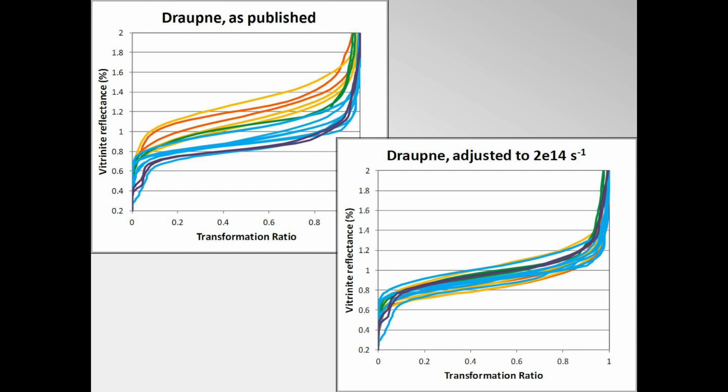I'm going to start with the Draupne here, and as we see in the upper left, we have the Draupne curves from as published kinetics, and in the lower right, we see the Draupne when we adjust all the A factors to a common value of 2E14. The clustering is much tighter, and very significantly, in my opinion, the color preference rainbow effect has disappeared.